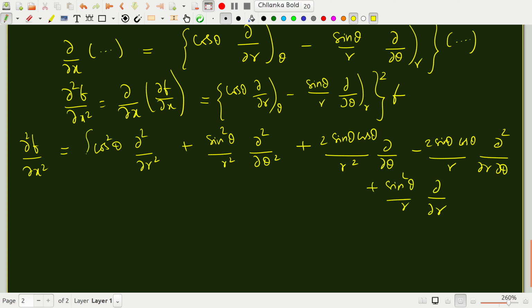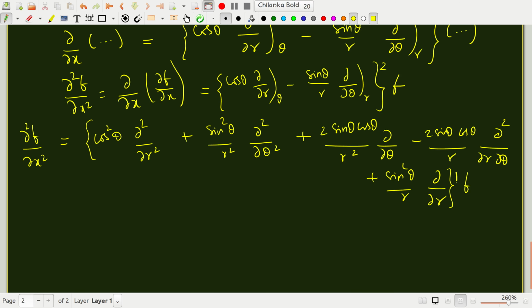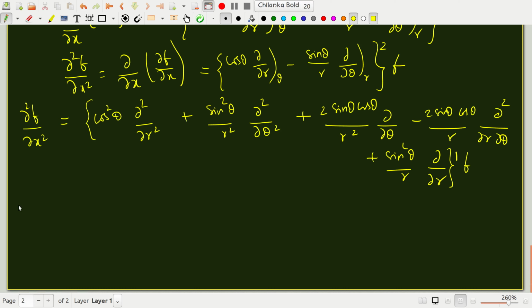So this whole thing is operating on f. Similarly, in the original Laplacian we also had partial squared f by partial y squared.